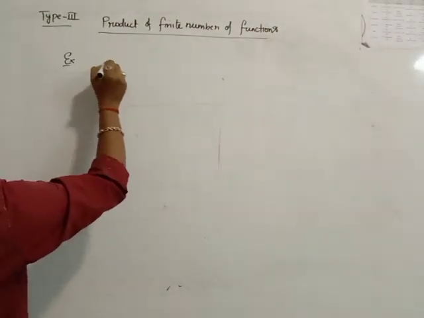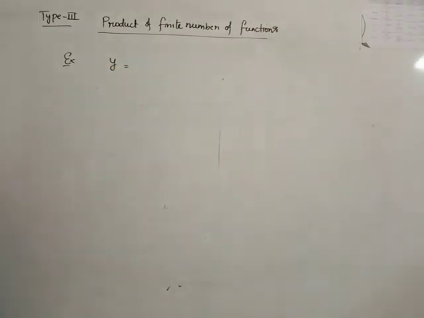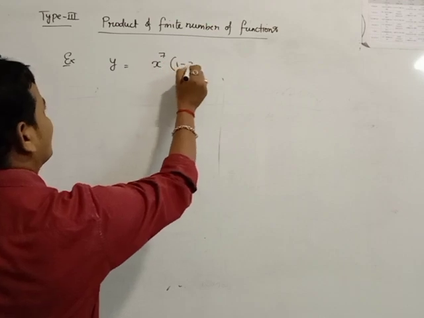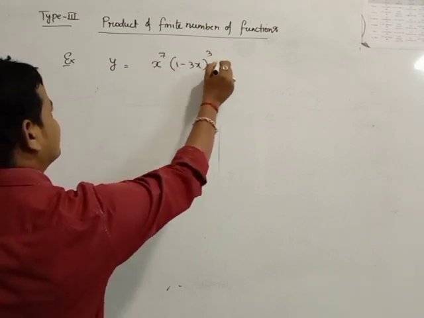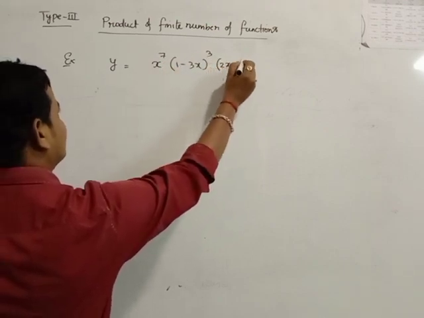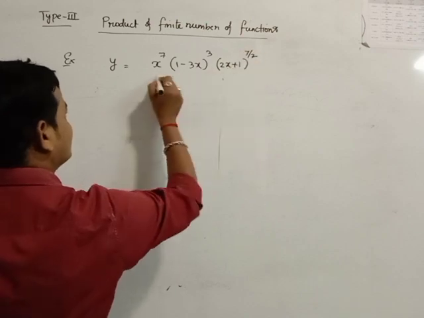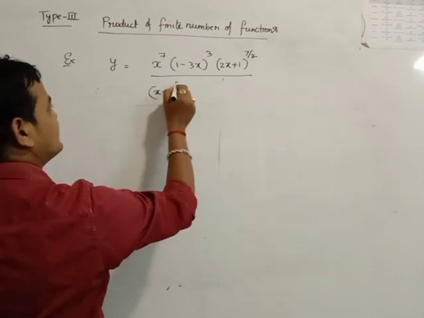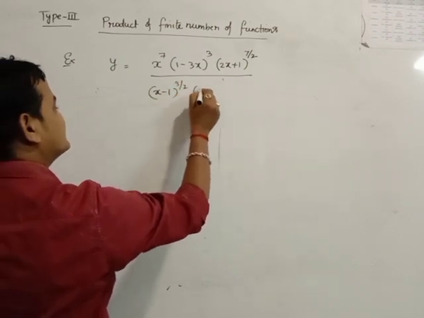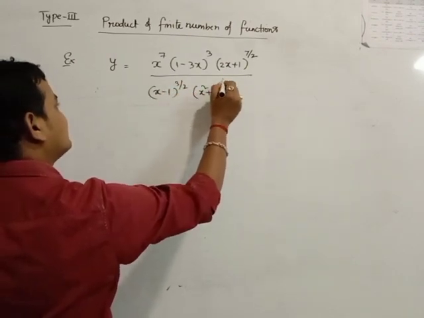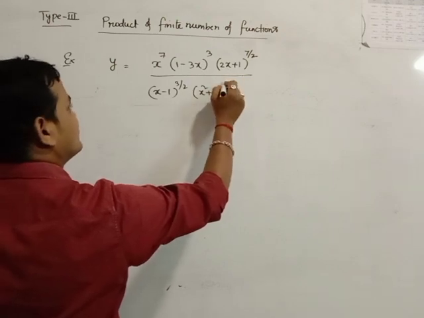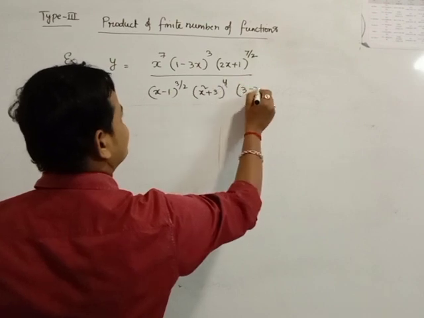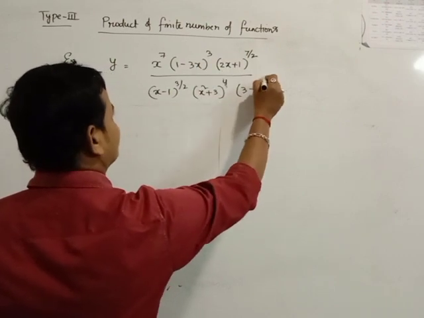See, let y be equal to the function in the form x to the power of 7 into (1 minus 3x) to the power of 3 into (2x plus 1) to the power of 7 by 2, by (x minus 1) to the power of 3 by 2 into (x square plus 3) to the power of 4, into, again you can write any number of functions, (3 minus x) to the power of 5.